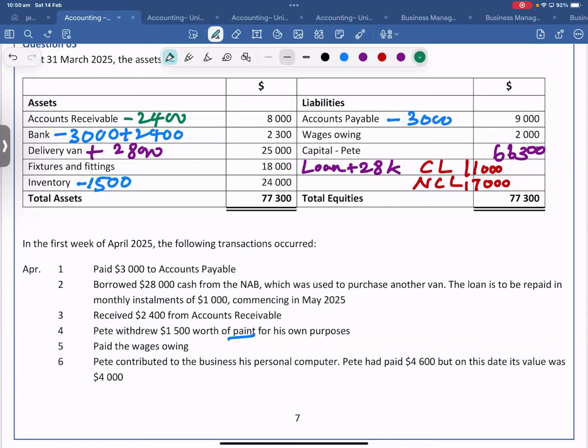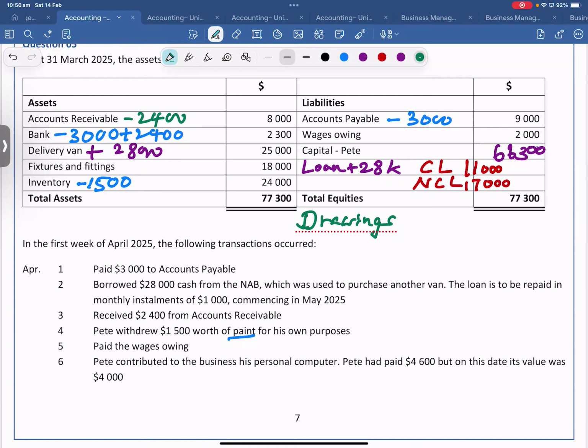That's called drawings. Drawings is when the owner withdraws business assets for personal use. There is a special term called drawings.